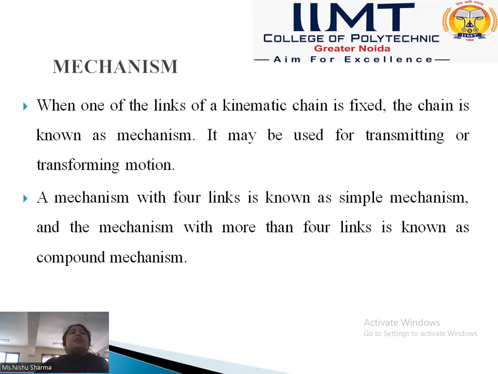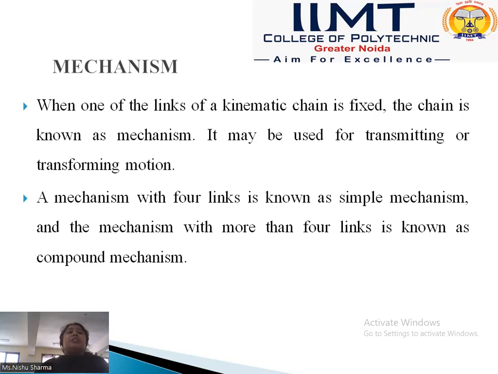The basic difference between a chain and a mechanism is that in a chain no link is fixed, but in a mechanism one link is fixed. And we know what a kinematic chain is. When the first link is connected to the last link, it forms a closed diagram and it is called a chain.